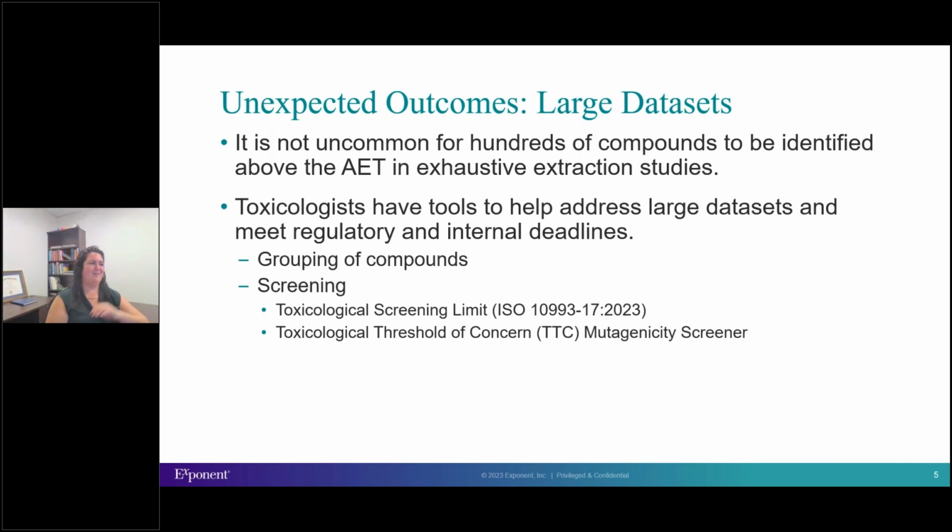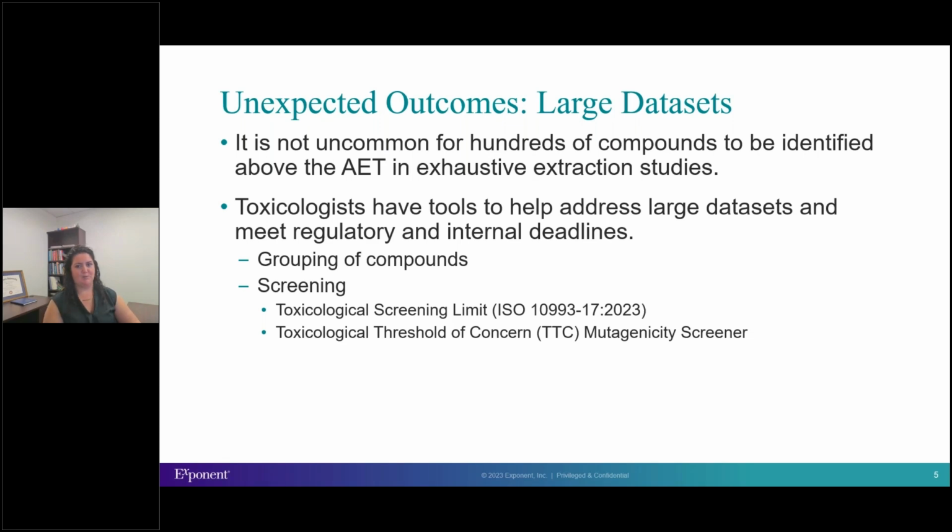Thus far, I've focused on how we can address individual or groups of constituents, but sometimes the unexpected outcome is the data set itself. So the number of constituents in an untargeted exhaustive extraction study can vary widely from one device material to another.